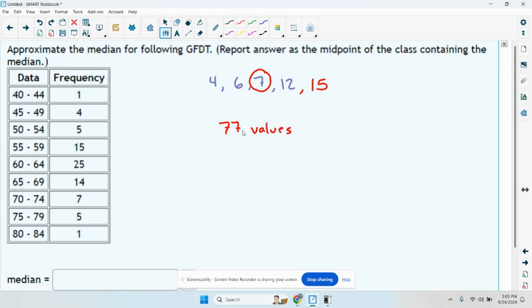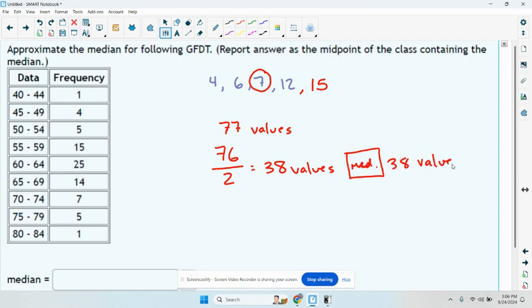That's not divisible by 2. But if I subtract 1, 76 is divisible by 2. If I do that, I get 38. So that means if I were to list out all my data values, you can imagine there would be 38 values, then my median, then 38 more values.